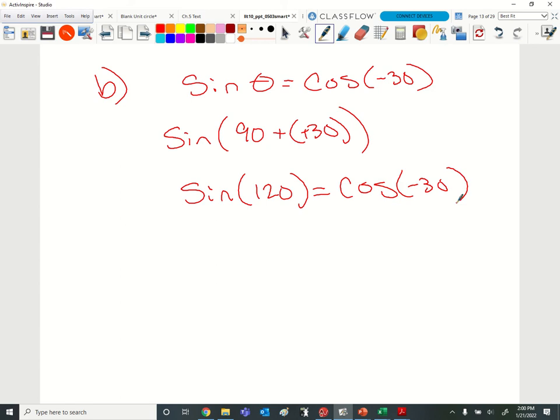Now, is this true? Because negative 30 and 120, when I add those together, will give me 90, right? That's what I'm looking for there. ¿Está muy fácil? Muy fácil.